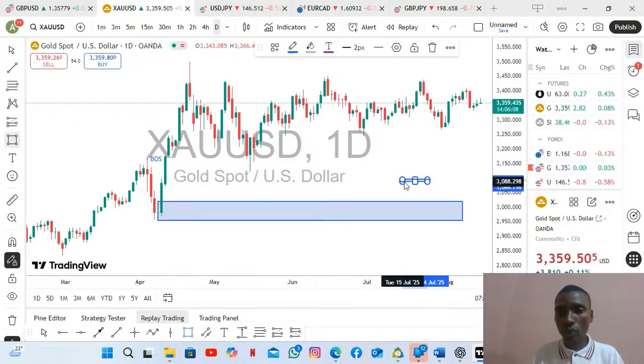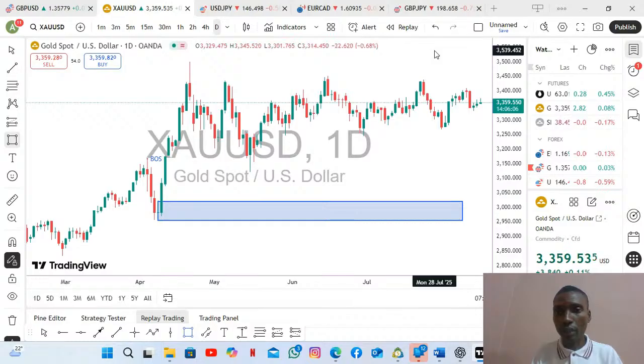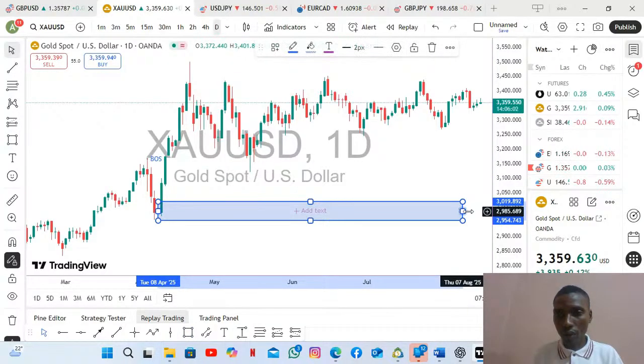We are going to respect our order block. This is the order block on the day time frame.